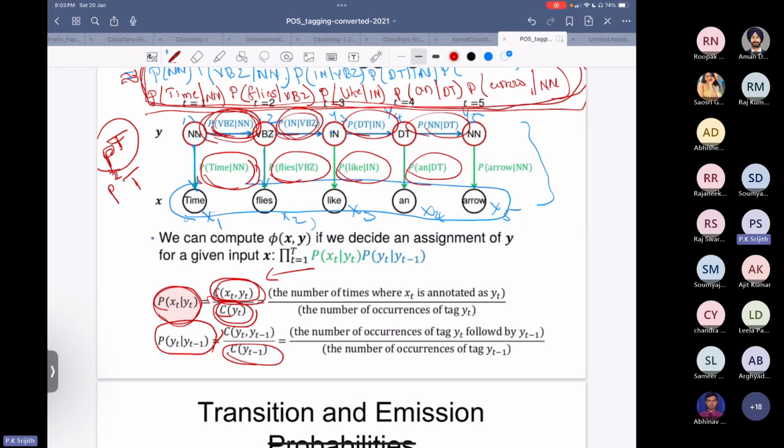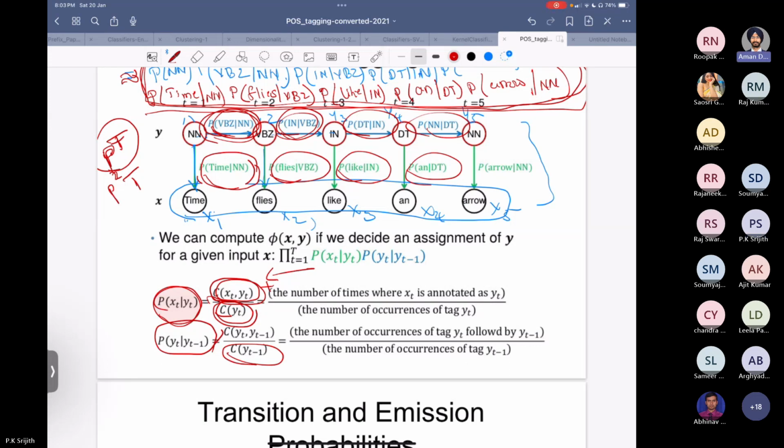But the idea is that you add some pseudo count to this so that you avoid cases where the values are zero. But you can get these probabilities from your part of speech tagged corpus.